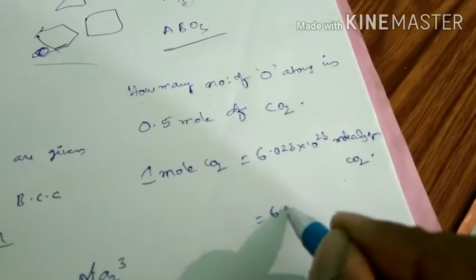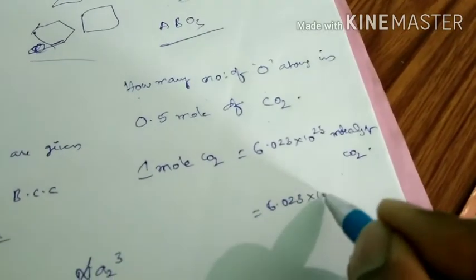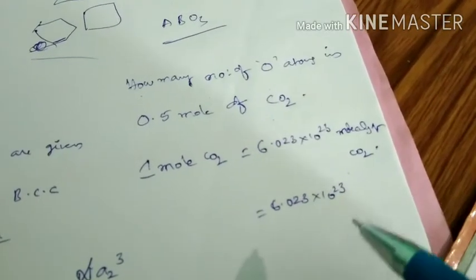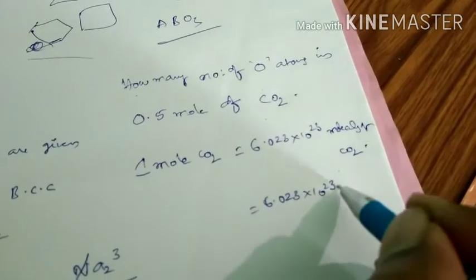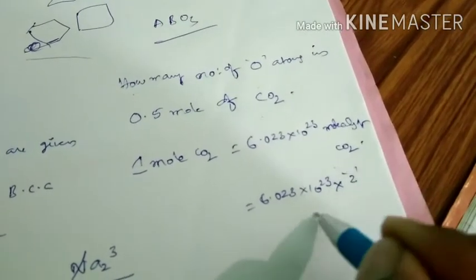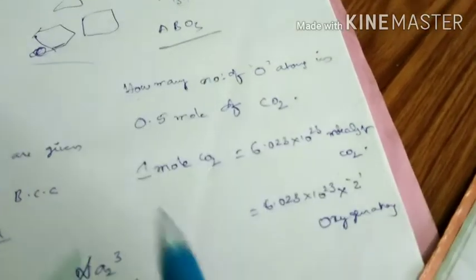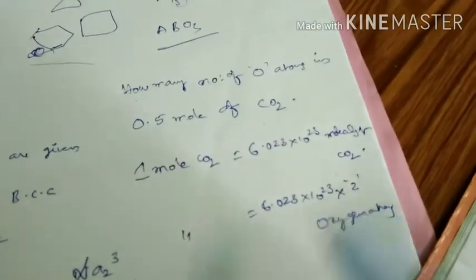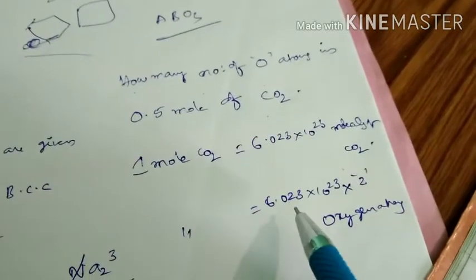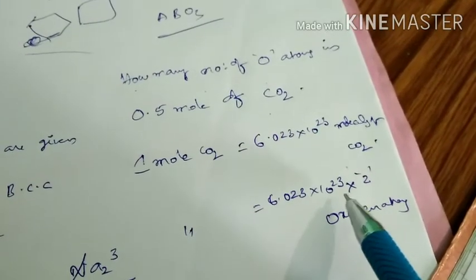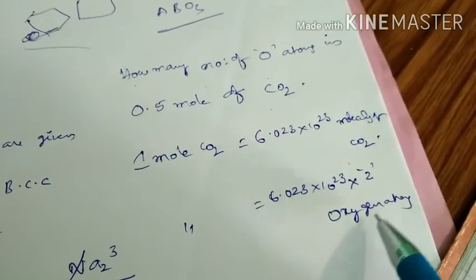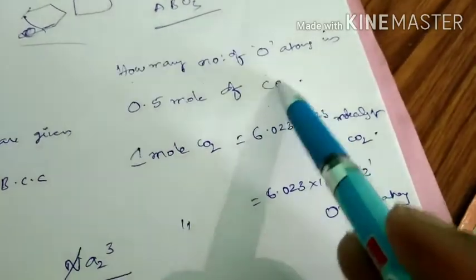It also contains 6.023 into 10 to the power of 23 into 2 oxygen atoms. 1 mole of CO2 contains 6.023 into 10 to the power of 23 into 2 oxygen atoms, because CO2 contains 2 oxygen atoms.